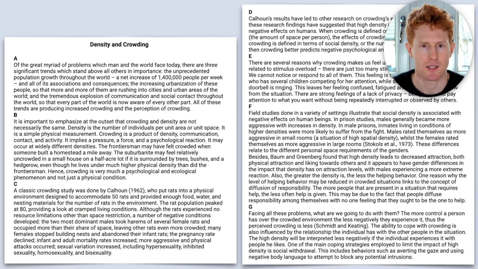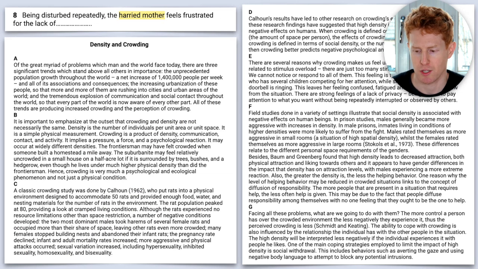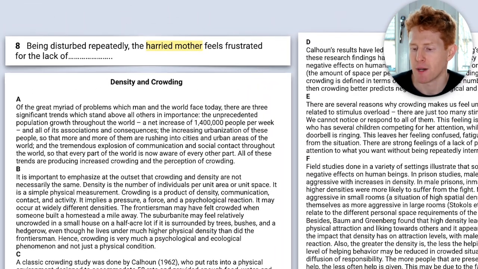So here's the text, and let's look at our first question. So number 8: being disturbed repeatedly, the harried mother feels frustrated for the lack of... Okay, we're going to look for a phrase that is like harried mother. Harried means harassed or overwhelmed. So maybe we might look for harassed, overwhelmed, or harried.